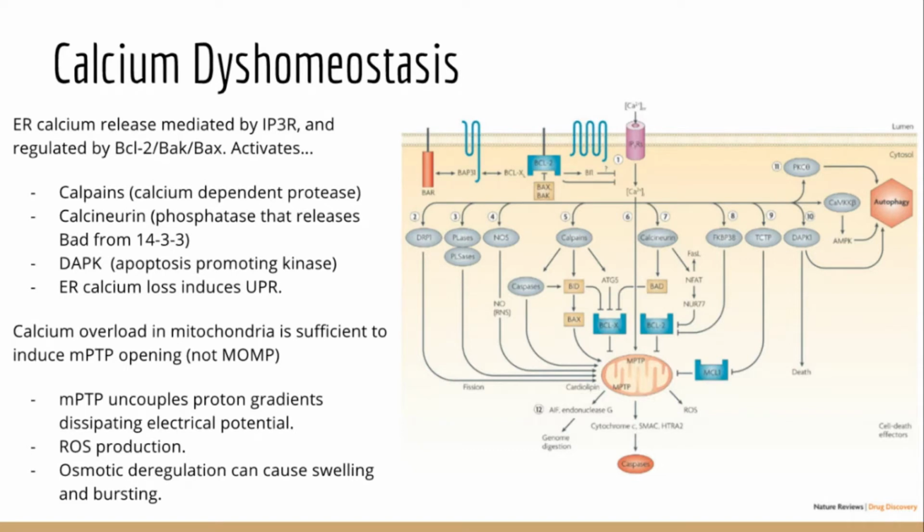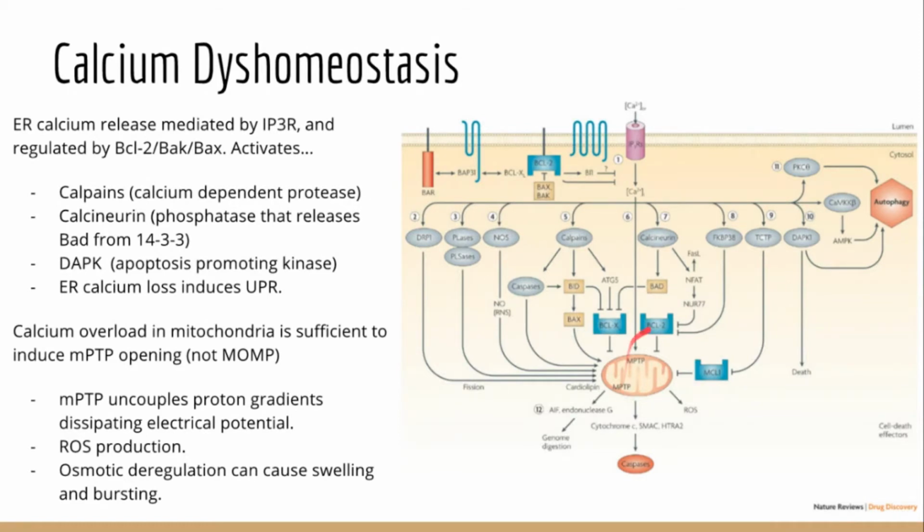It's very important to note that the MPTP is distinctly different from the MOMP formed by Bak and Bax. MPTP is a calcium-sensitive pore on the inner mitochondrial membrane that, when it's opened by calcium overload, allows the free flow of ions and protons and water. And when it's opened, it causes massive reactive oxygen species production and osmotic dysregulation. And eventually, it leads to MOMP formation or even membrane rupture to allow massive cytochrome C release.